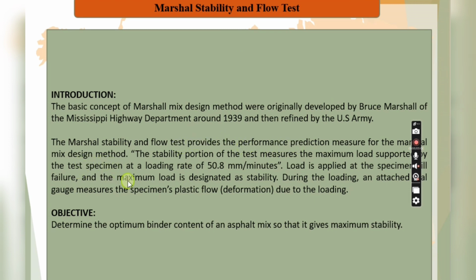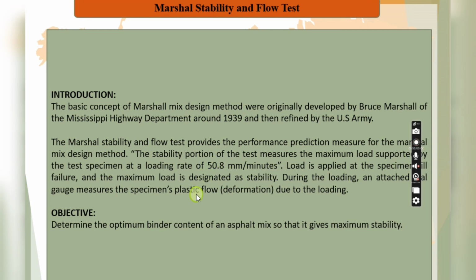The Marshall stability test is basically done to check the resistance to plastic deformation of bituminous material and its maximum strength. The Marshall stability and flow test provides a performance prediction measure for the Marshall mix design method.